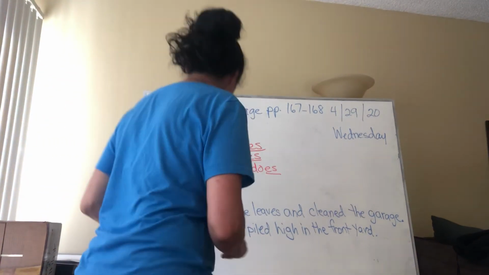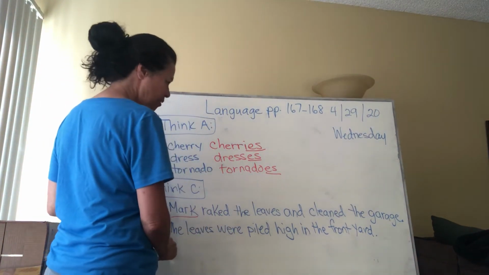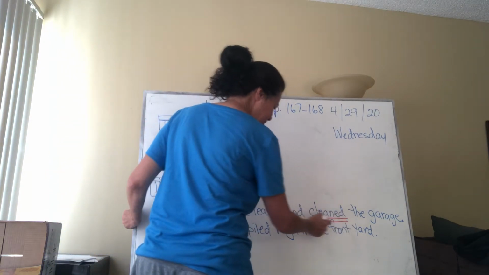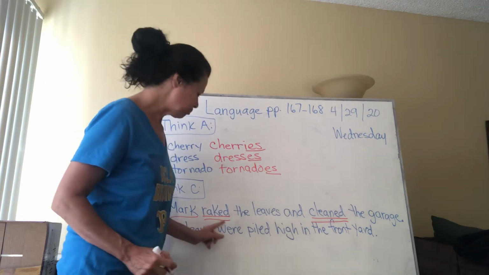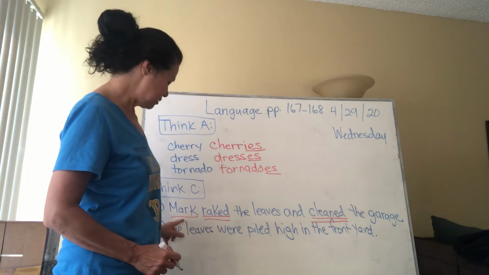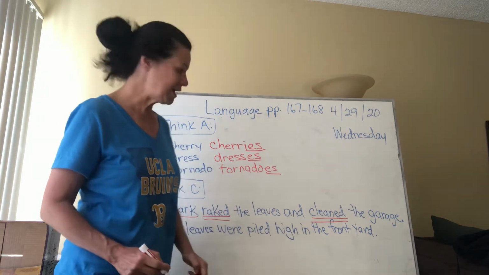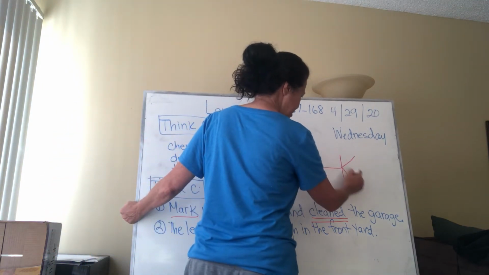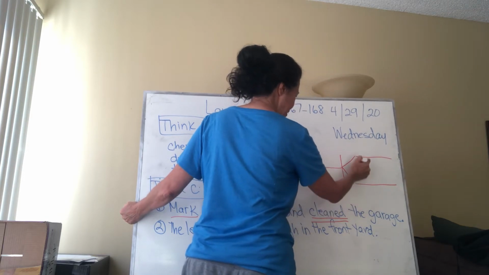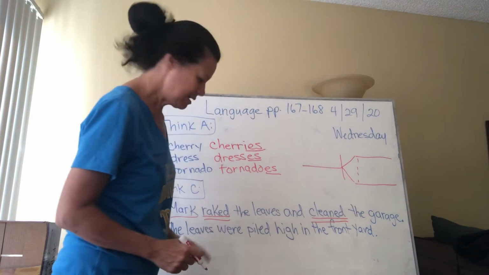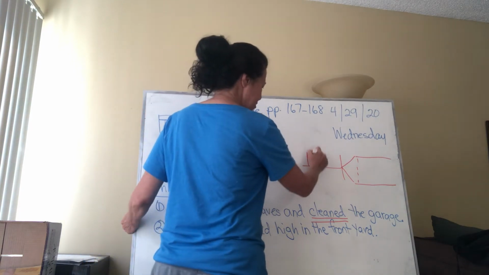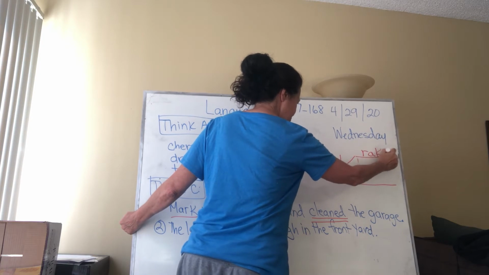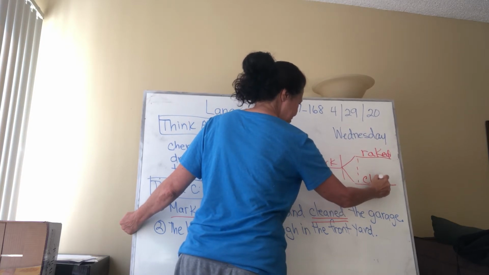We have Mark, so underline Mark. And what did Mark do? He raked, underline twice, and he cleaned. So this is a simple subject but a compound verb, raked and cleaned. So we know this is the kind of diagram that we'll set up. Okay, singular subject, Mark. And what did Mark do? He raked, we do them in order, and he cleaned.